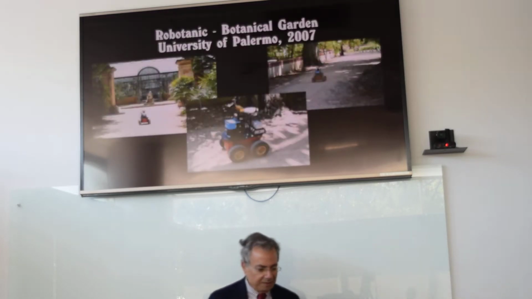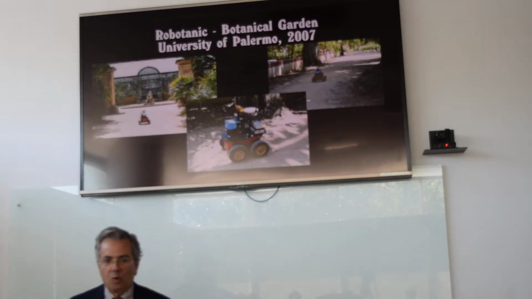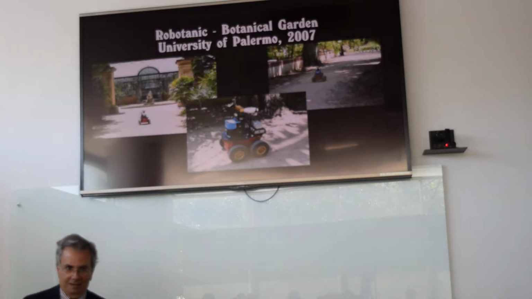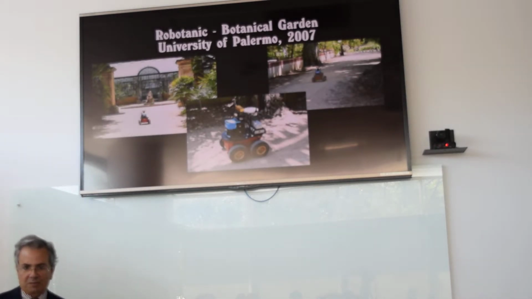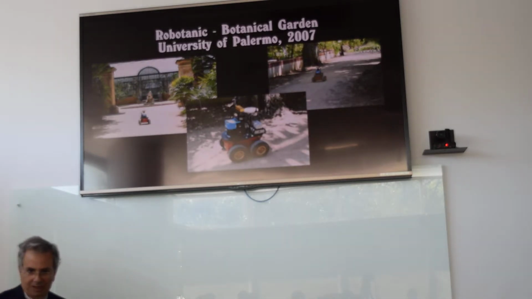This was a problem because at the botanical garden there is a large basin full of water, so when the robot was near the basin, of course, all the computational resources were dedicated to the laser and the cameras, because it was necessary for the robot to avoid falling into it.